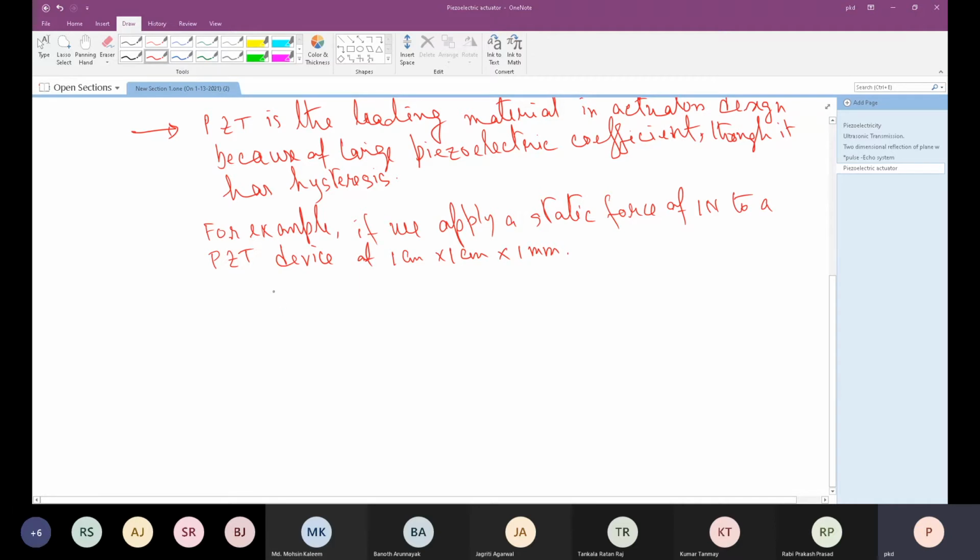we would have Vz would be around 0.3 volt, and Vx would be around 10 volt.